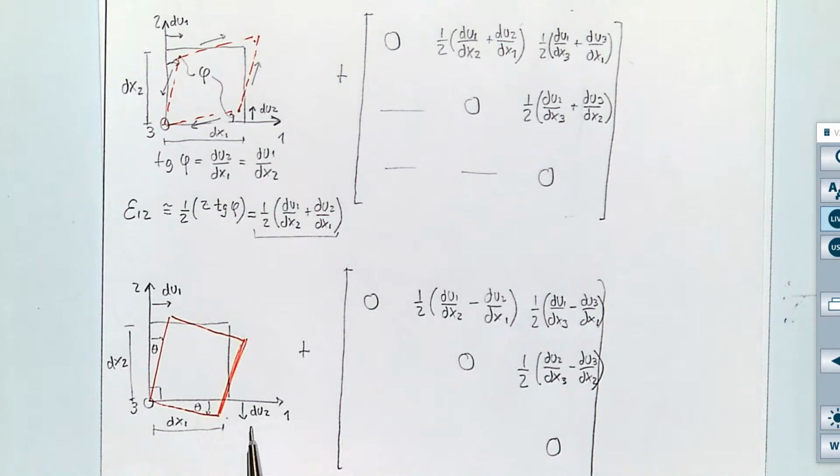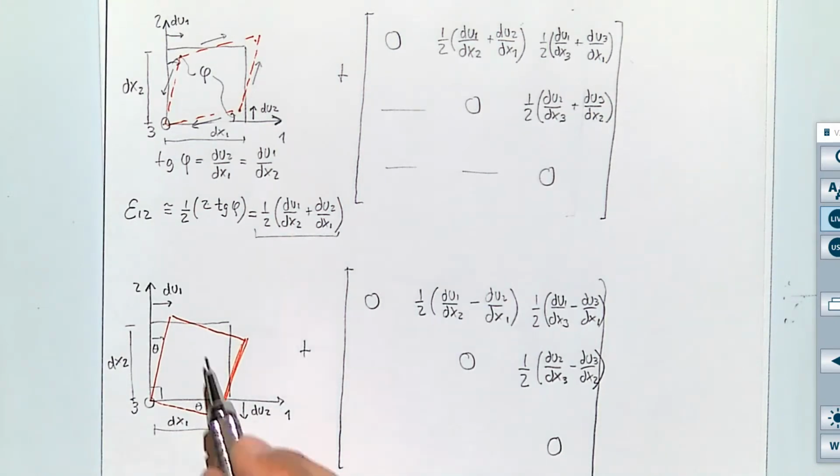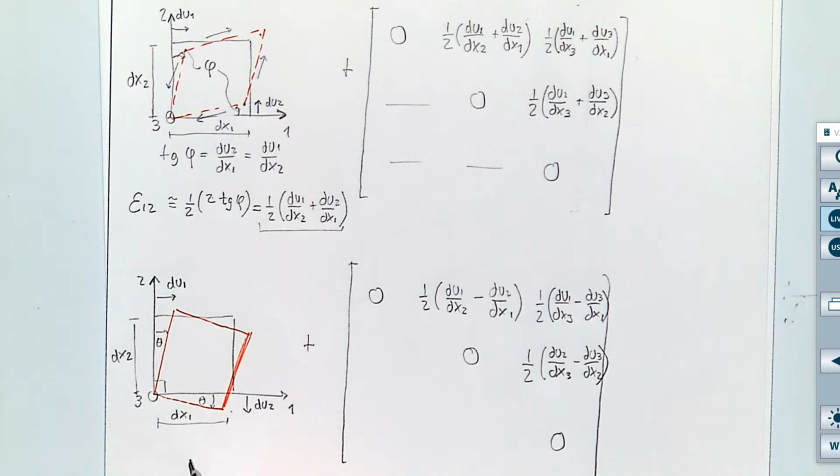Because this is a negative quantity, this is positive, so this is going to be negative. So for this particular case, if I were to add up du1 dx2 plus du2 dx1, that will give me 0.